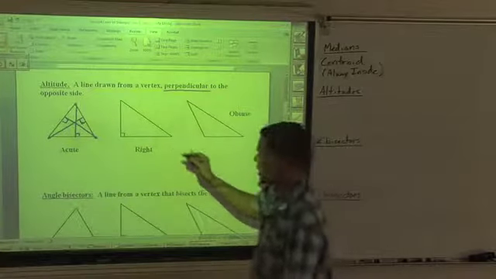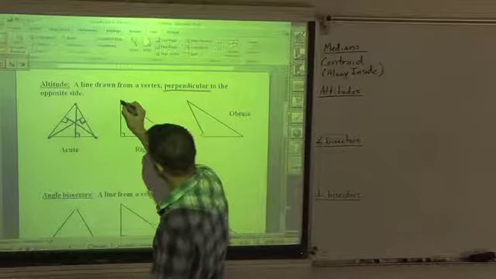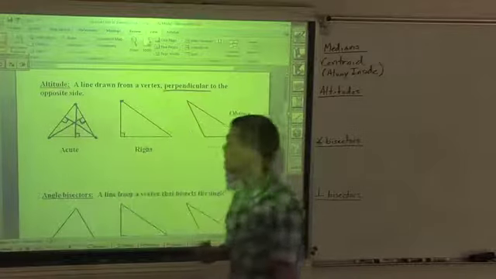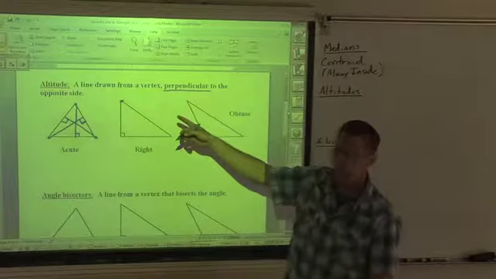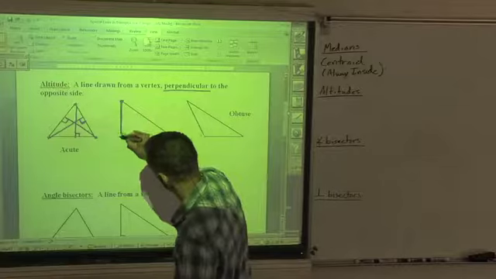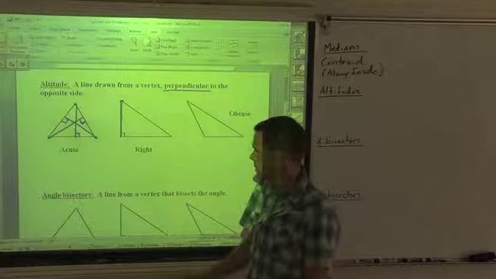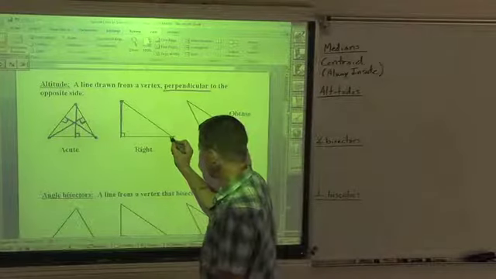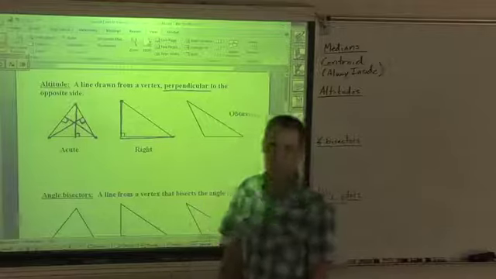Where this becomes unique and odd is on the right triangle. Now the right triangle, if I try to draw perpendicular from this point, it appears that that side of the triangle is already the altitude. This side of the triangle is already an altitude.